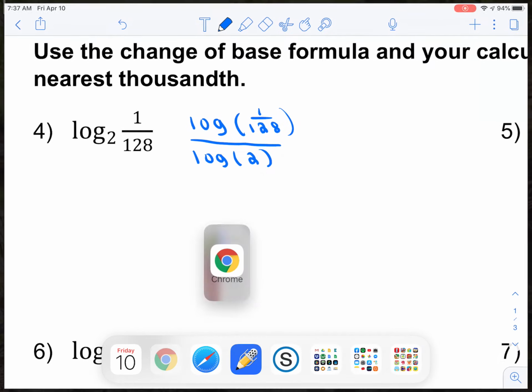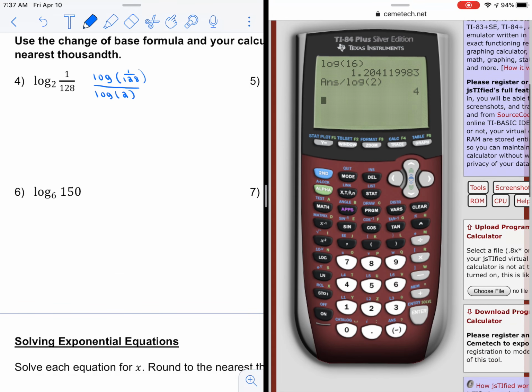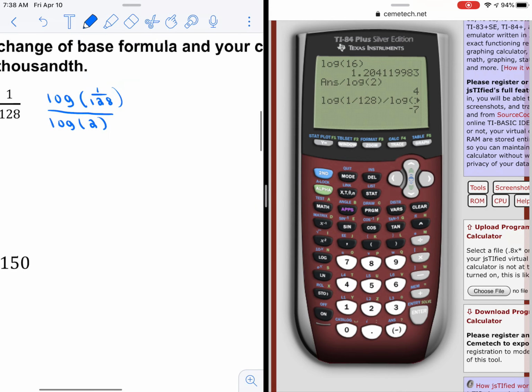Now, I put the parentheses there just because in your calculator it's important to always close those parentheses. So if you're doing number 4, you could say log of 1 divided by 128, and as long as you close those parentheses, you can then right away divide by the log 2, and we're getting this answer of -7.